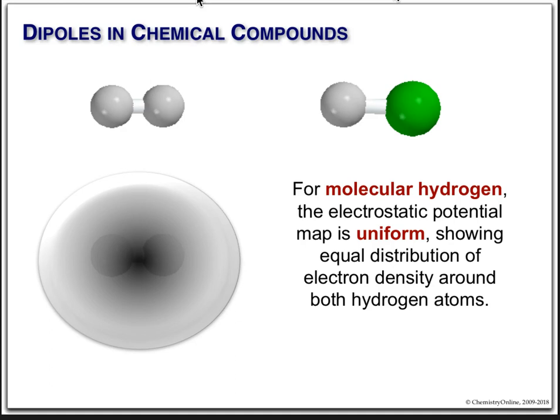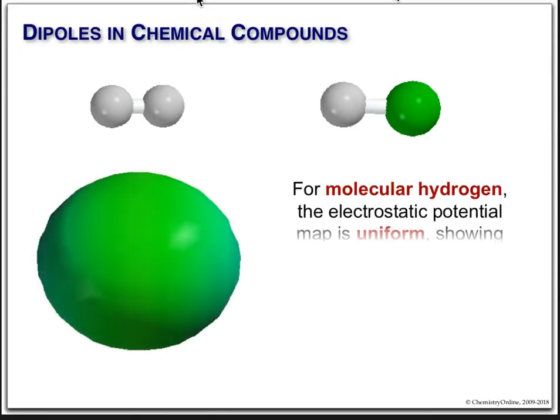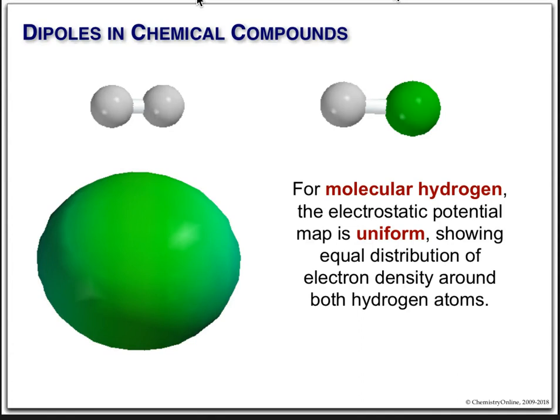Next, you ask a question about the electron density. And it will then color this. For hydrogen, it comes out a really nice, slightly egg-shaped green ball, sort of. This tells us that the electrons are spread out evenly around these 2 hydrogens.